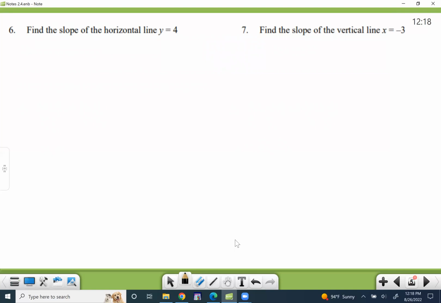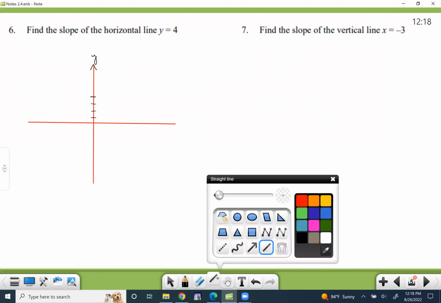All right, so this one says find the slope of the horizontal line y equals 4. So if we were to graph y equals 4, you would simply go 4 spaces on the y-axis, and we would draw a horizontal line through that.